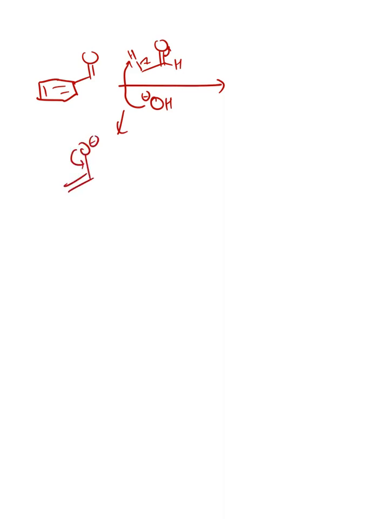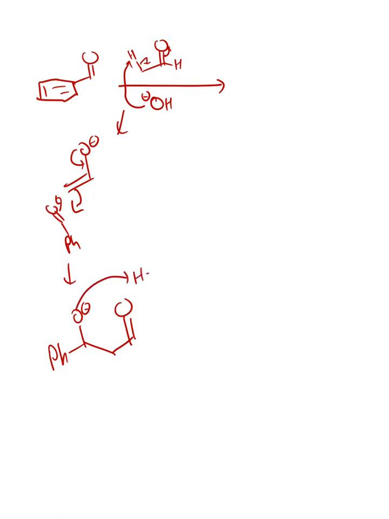The enolate can go add to the benzaldehyde carbon, sending the electrons up to the oxygen, giving us this beta alkoxide. It can grab a hydrogen off of the water we just formed to make the beta hydroxy.